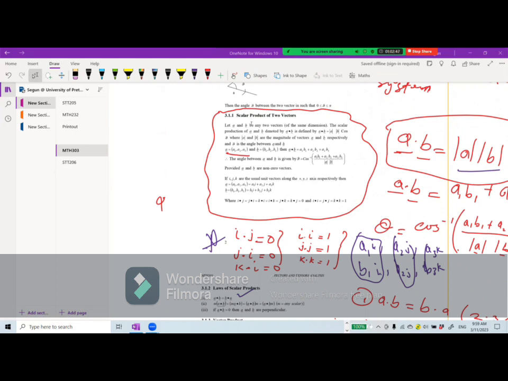How do we solve them? How do we find the angle? After the dot product, we find the magnitude of each of the two vectors. We also find the angle between the two vectors. Then we also find the cross product of two vectors, and so on.